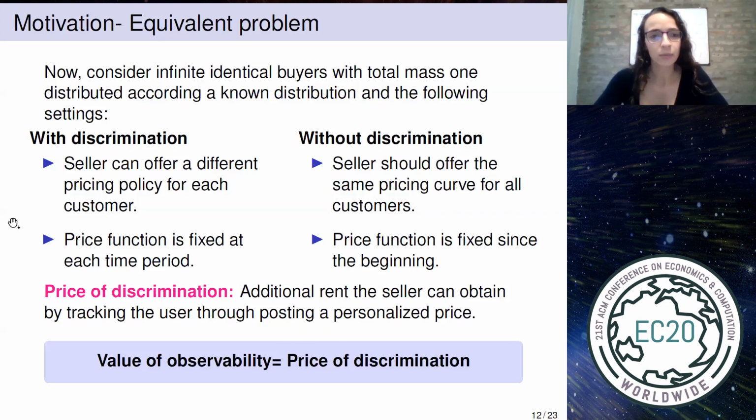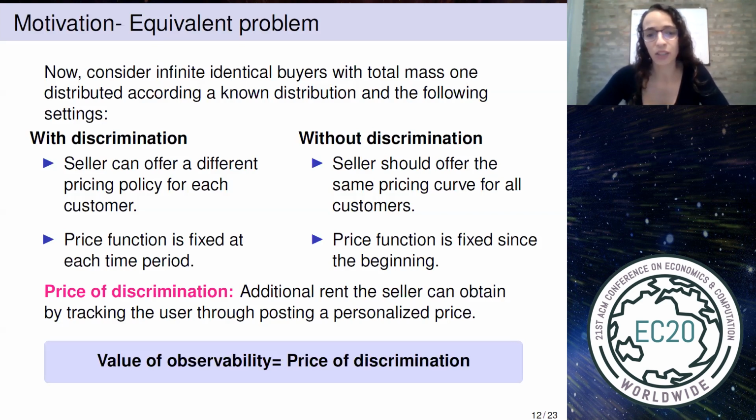On one hand, we consider the problem where at each point of time, the seller can bargain with each of the pool of buyers arriving at this time, and then she can offer a personalized price for each of them. So if we compute the expected revenue of the seller in this problem, we obtain the same expected revenue as in the observable case described before.